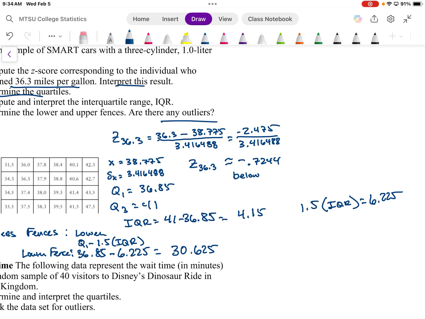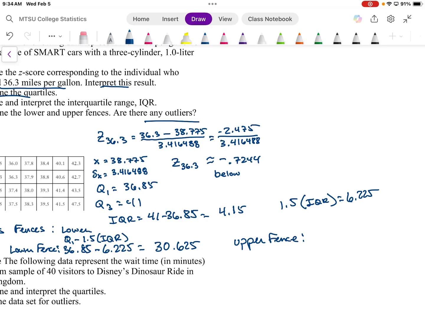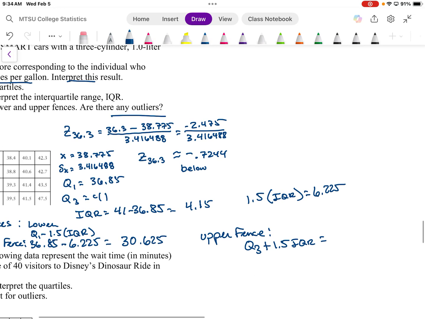Now I have to find my upper fence. On my upper fence, we take the Q3, so 41. It's Q3 plus the 1.5 times IQR. So that would be 41 plus 6.225, which would be 47.225.